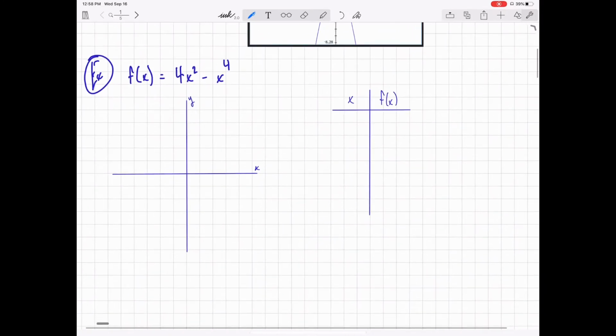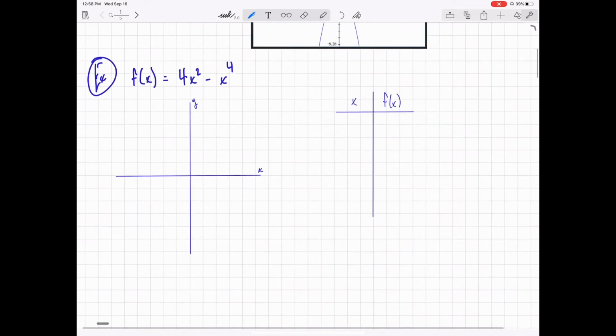If we go on to something a little bit different, 4x squared minus x to the fourth is not a function that we usually call a parent function or anything like that. So let's do the same thing that we did for the last one. We plug in numbers into this. The first one would be 0.